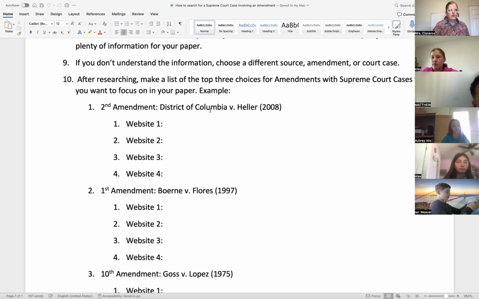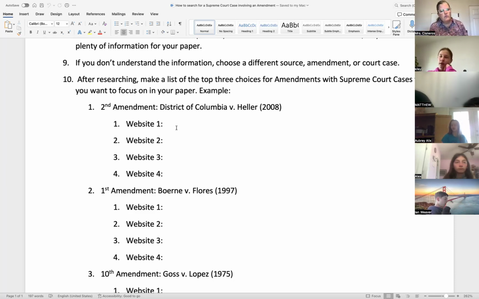I know we didn't look at that one yet, but you're going to pick 2 websites that are in support of what the District of Columbia was defending, and then Heller, the other side. So you want to have both sides because whenever somebody's suing somebody else, people tend to choose a side that they believe in or want to support. So you want to try to get a perspective of both sides of the case.